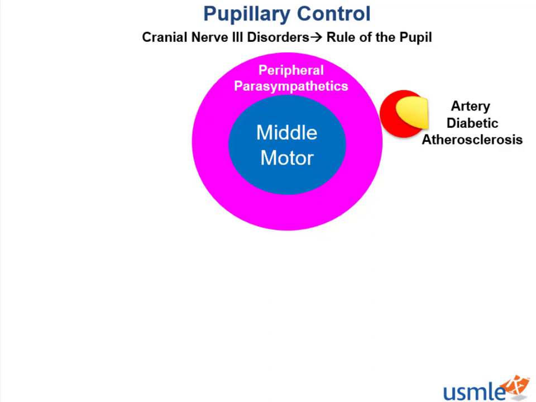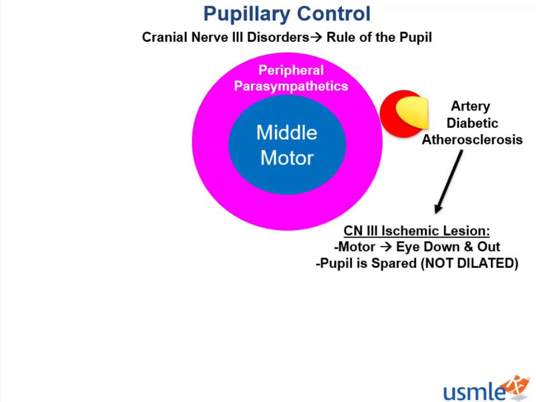In contrast, the peripheral parasympathetic fibers will be spared. Overall, this results in a cranial nerve 3 ischemic lesion where the middle motor fibers are affected, resulting in a down and out eye, but the peripheral parasympathetic fibers are spared from the ischemia due to their proximity to the artery, so the pupil is not dilated.